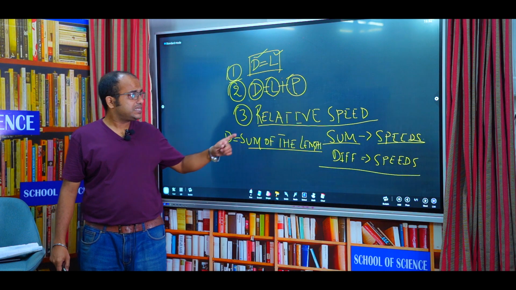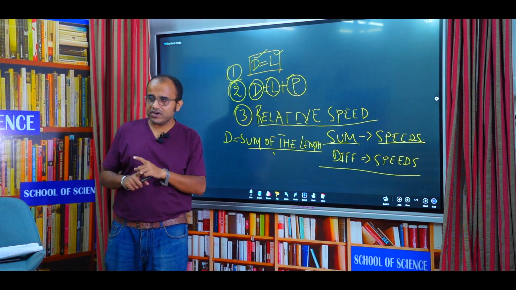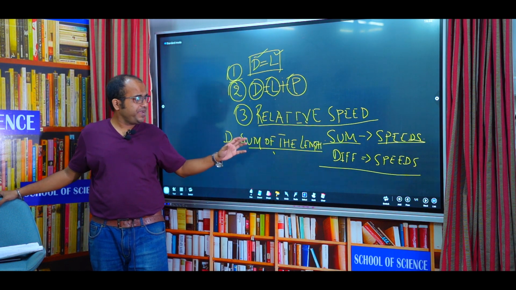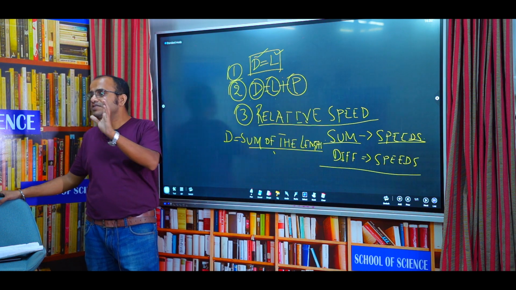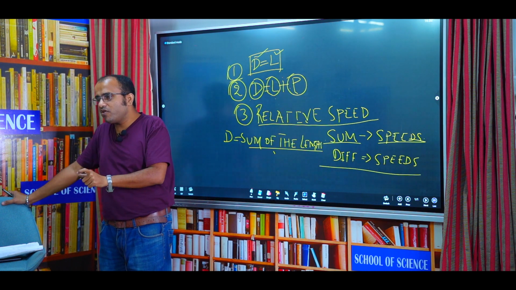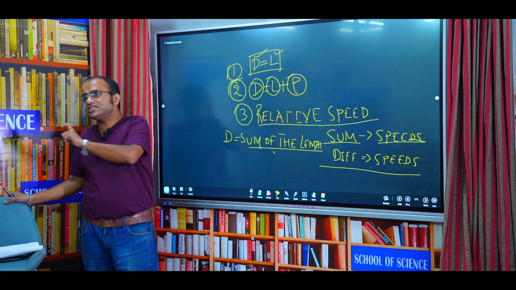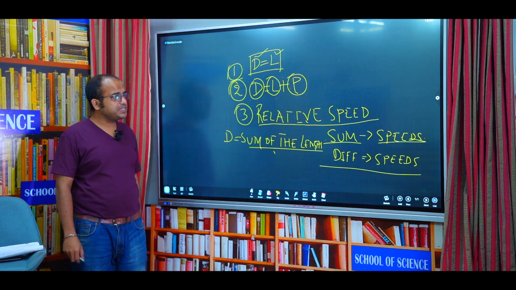Again, only relative speed depends on direction, but distance does not depend on direction. If two trains are there, and we ask how much distance they have covered, it does not depend on direction; distance is always equal to the sum of the lengths of the two trains. So these are the relative speed concepts.